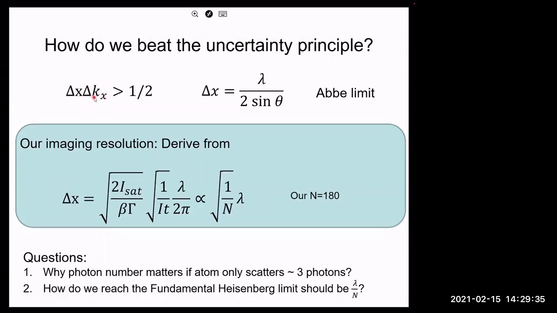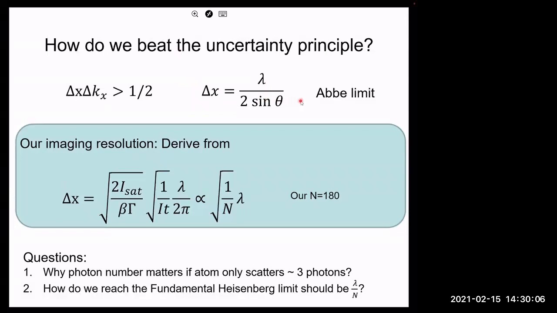I just rewrite the Heisenberg uncertainty principle, delta x delta p, dividing by h bar on both sides, and then you just see this 1/2 on the right-hand side. This is pretty straightforward. The uncertainty in the x direction is given by the size of the lens. That tells you the photon can come from different directions, and from there you can determine the Abbe limit.